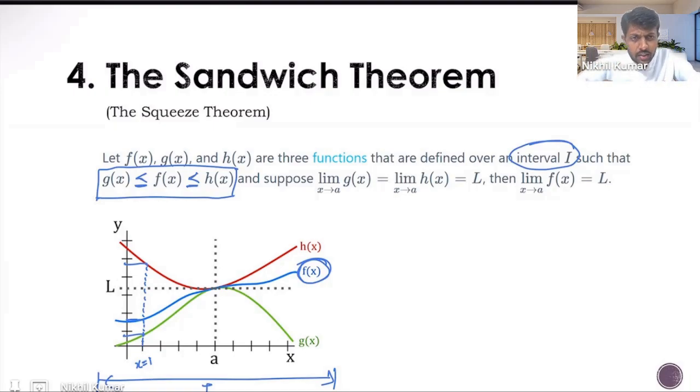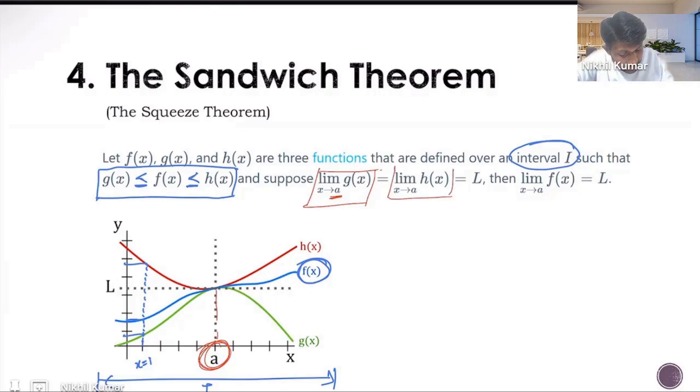If we have such a condition, and we have one more condition, which is that the limit of h of x and the limit of g of x coincide. Now if you look at this point A, at this point A, the limit of g of x coincides with the limit of h of x, isn't it? Whatever that value is, it is indicated as L. So if we have these two conditions, first, f of x always lies between g of x and h of x.